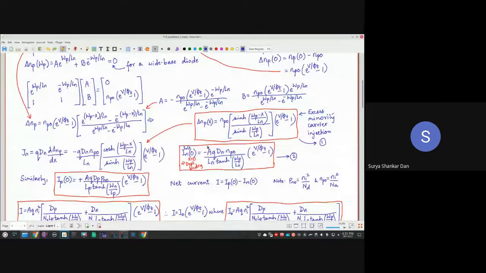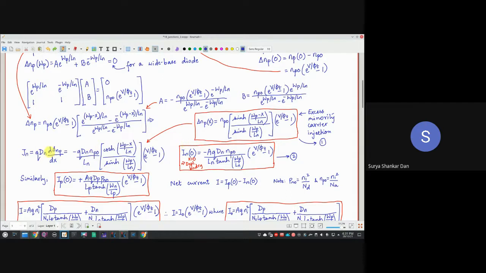Just to keep it simple, let's take the depletion boundary, where the total current will be equal to only the diffusion component. ठीक है? So this is the physical reason why we are choosing only I_n(0). Okay, very nice. And that is why we are essentially choosing only the diffusion component, not the drift. All right, so once we have got that, यहाँ पर x equal to 0 बिठा दो, आपका ये वाला expression आ जाएगा.